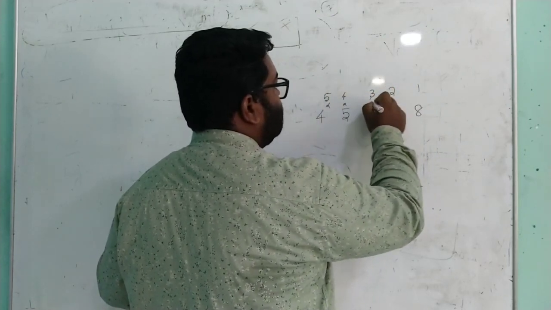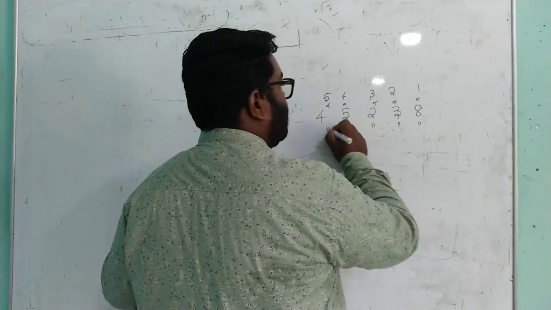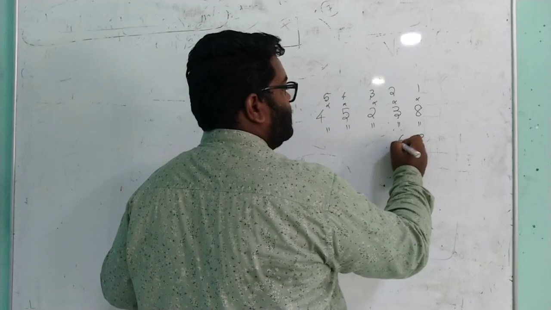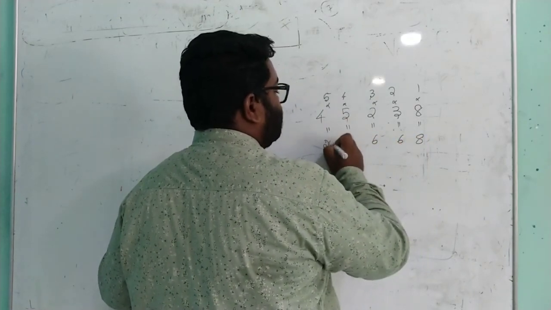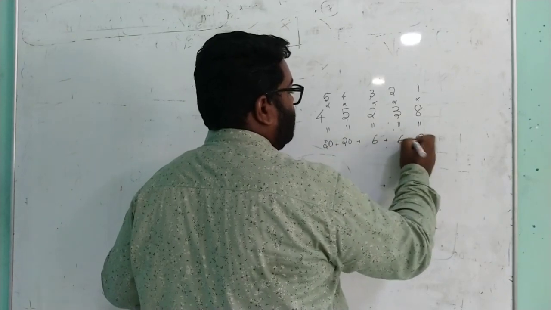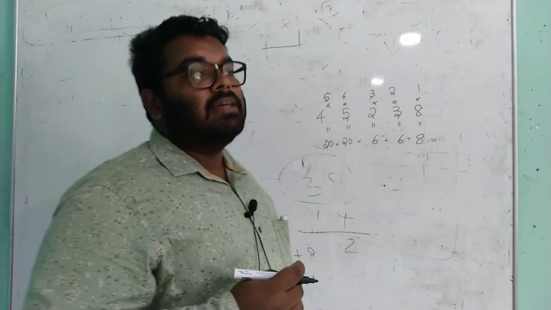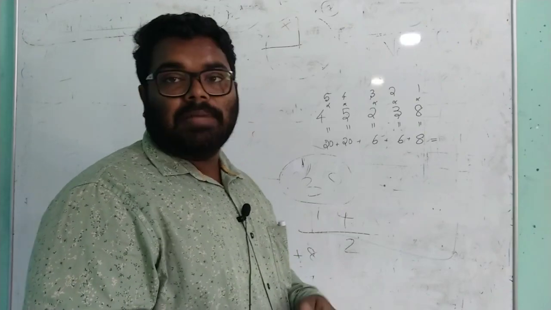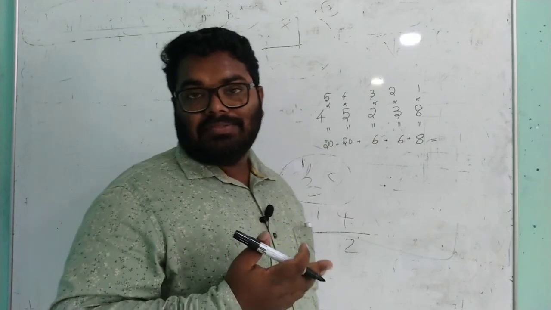So each you have to just multiply them and find the value: 1 times 8 is 8, 2 times 3 is 6, 3 times 2 is 6, 4 times 5 is 20, 5 times 4 is 20, and then you add them up. So don't worry even if you do not have a calculator, and sometimes mental math is very helpful, but otherwise you can just do it kind of easily.